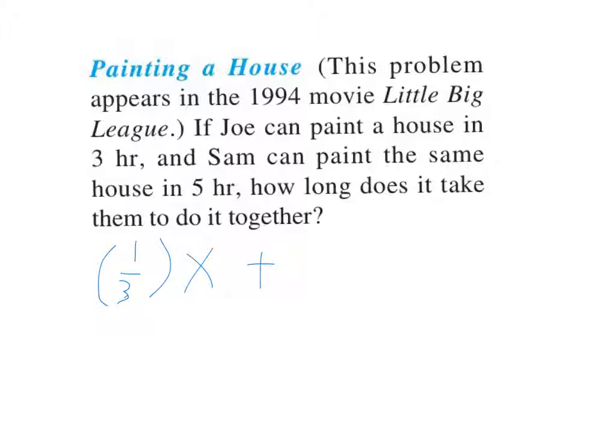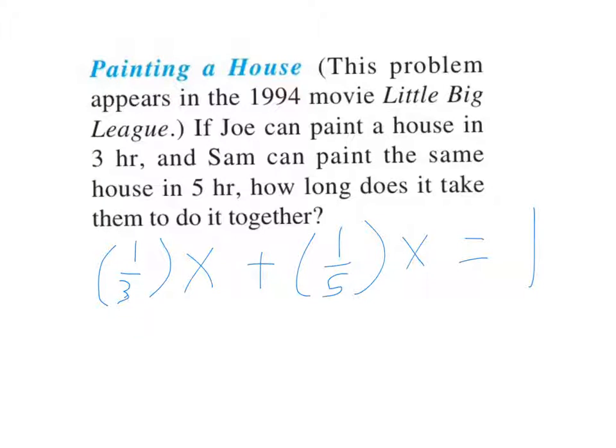Now, if Sam can paint the same house in 5 hours, that means he can do 1/5 of the job in 1 hour. So it would be 1/5 times however much time they spend painting the house. That equals 1 job.